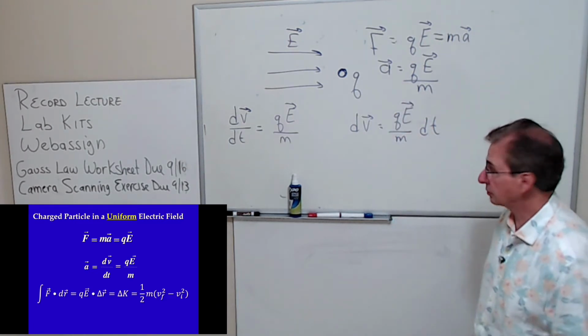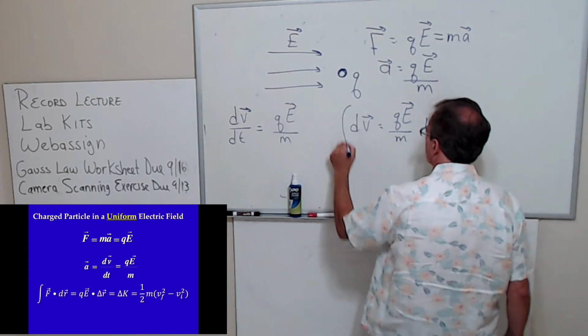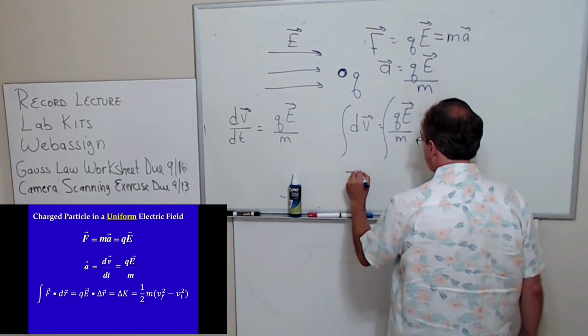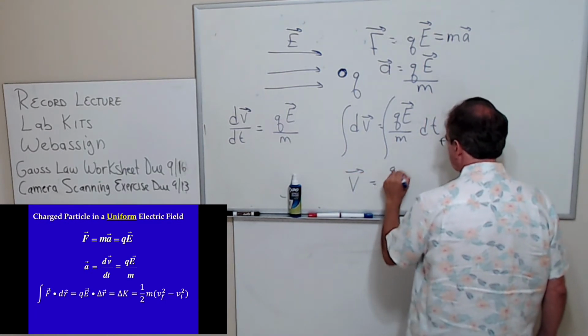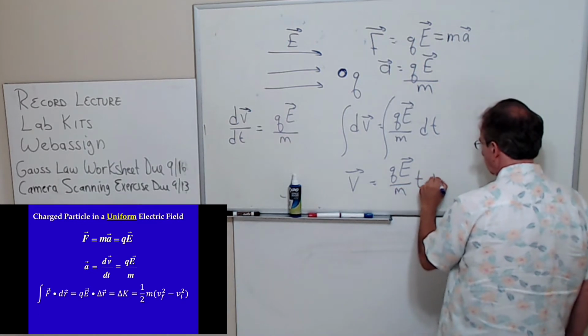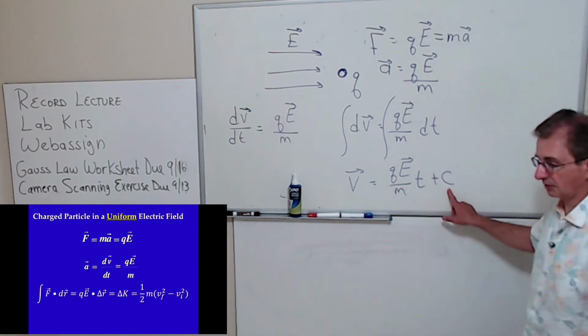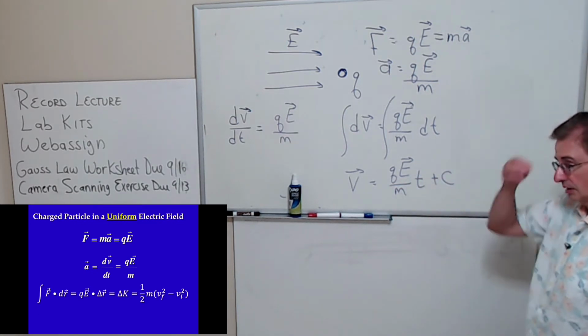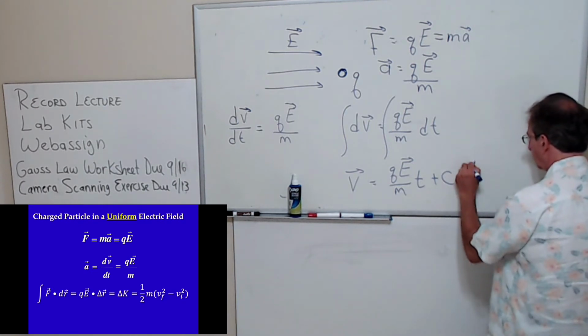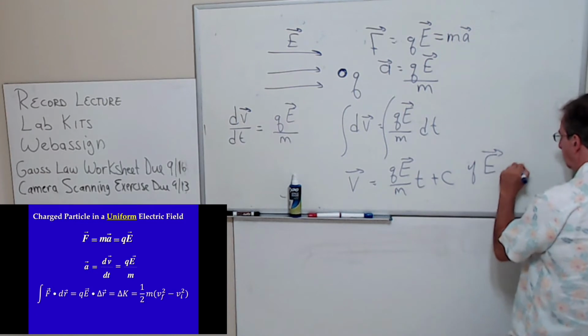Then I integrate both sides, and I get V is QE over M times t, plus a constant. Of course, the constant is going to be the initial velocity. This is if E is uniform.